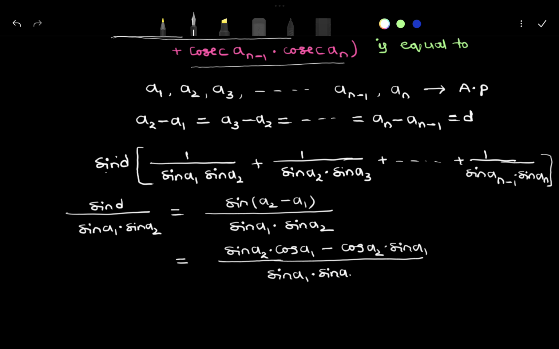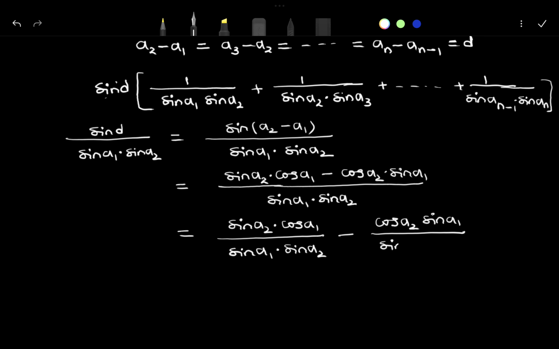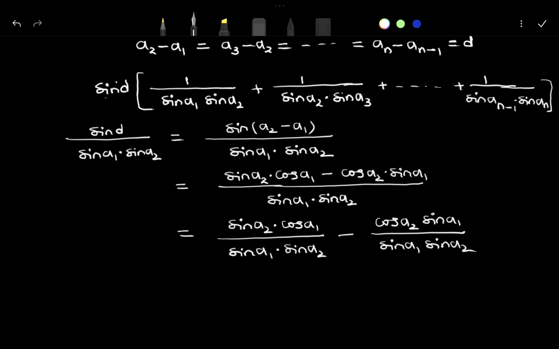Now split this value: sin a2 into cos a1, divided by sin a1 into sin a2, minus cos a2 into sin a1, divided by sin a1 into sin a2. Observe that sin a2 and sin a2 cancel, and sin a1 and sin a1 cancel.